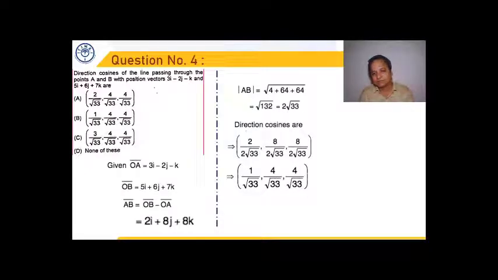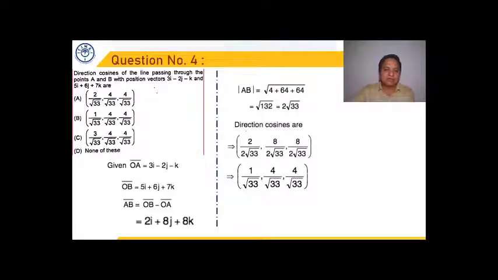Direction cosines we simply calculate from the direction ratios, by finding the vector which passes through the 2 points A and B, and then we take the modulus of that vector and divide the direction ratios by the modulus, so we get the direction cosines. One more result we remember for direction cosines is that if it is l, m, n, then l square plus m square plus n square is equal to 1.